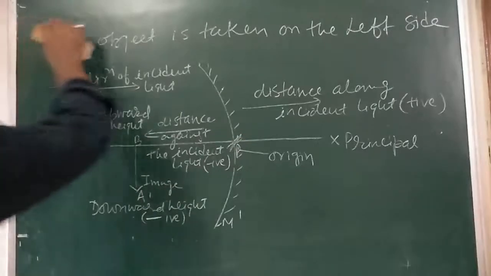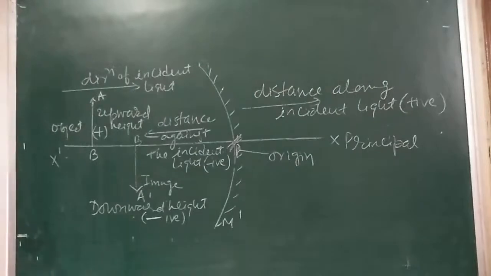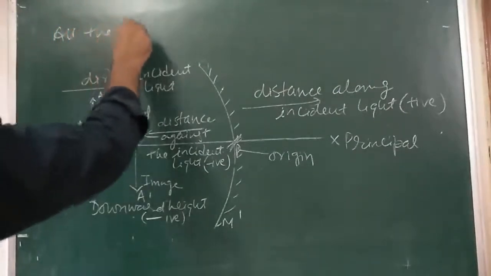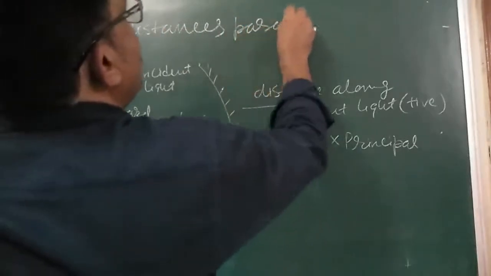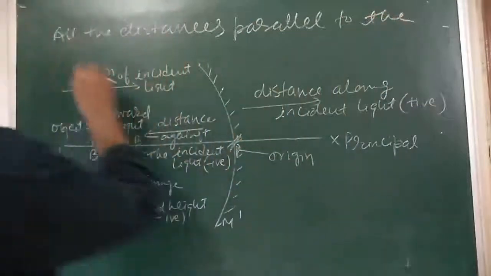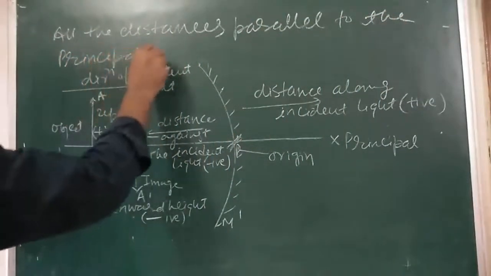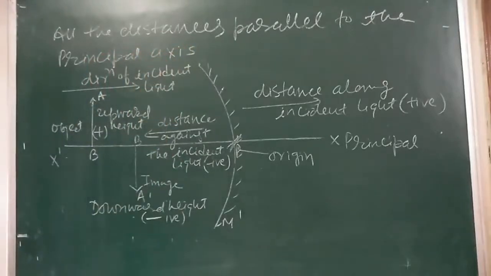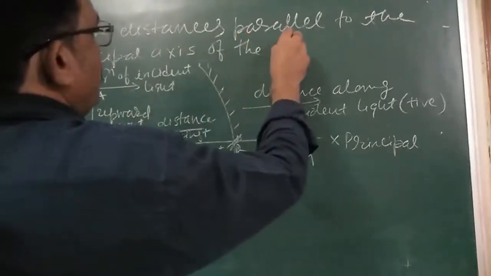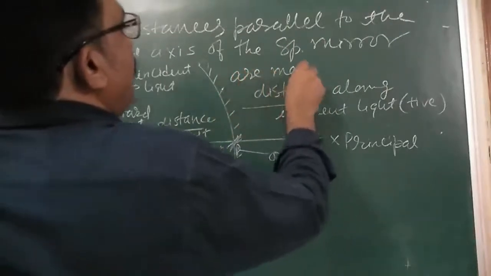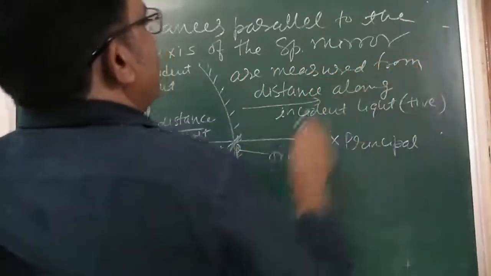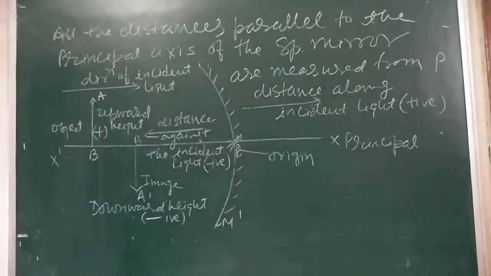Next convention: all the distances parallel to the principal axis of the spherical mirror are measured from the pole of the mirror. It is clear?